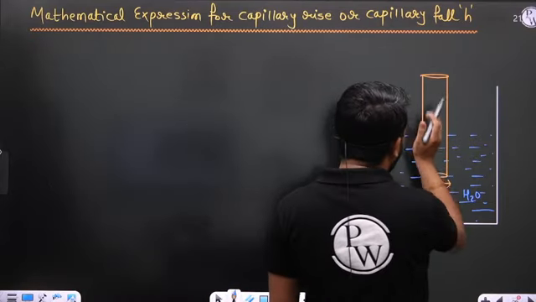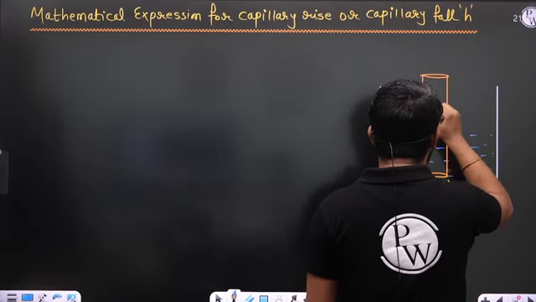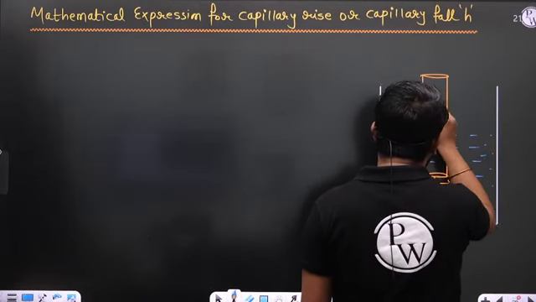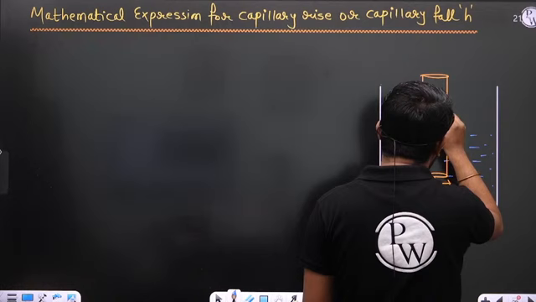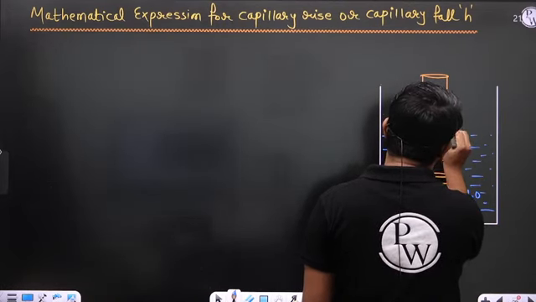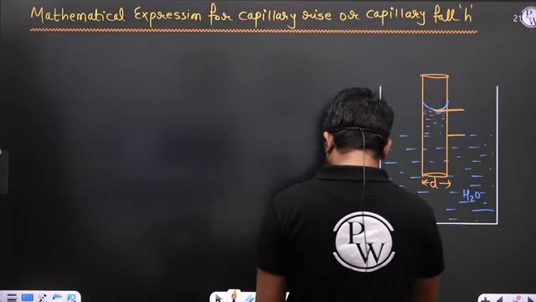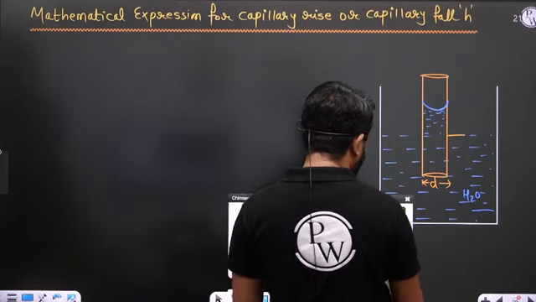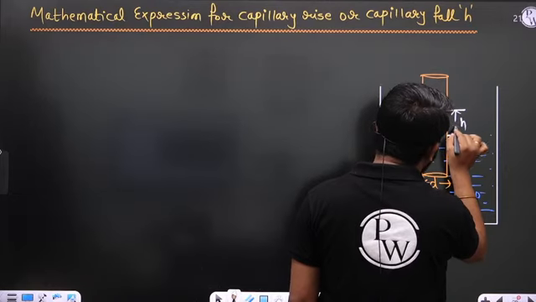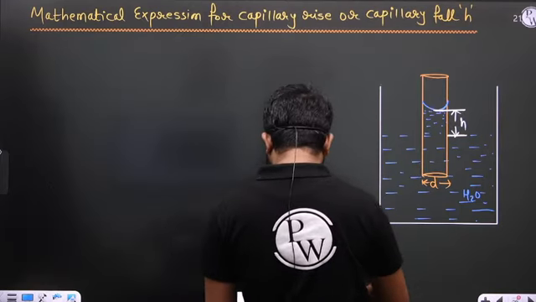Now water rises in this tube, and the meniscus is like this. This is the concave meniscus, and this is H. And surface tension is acting like this.